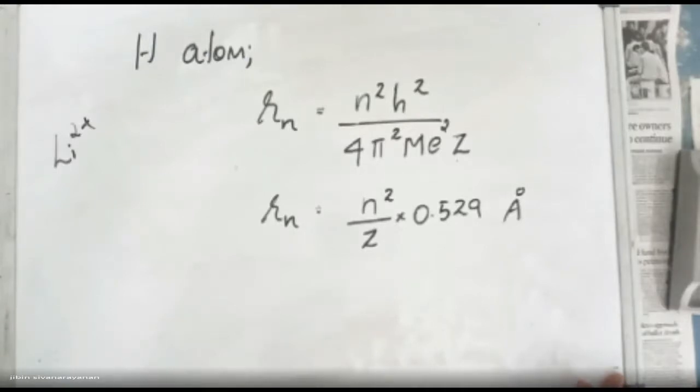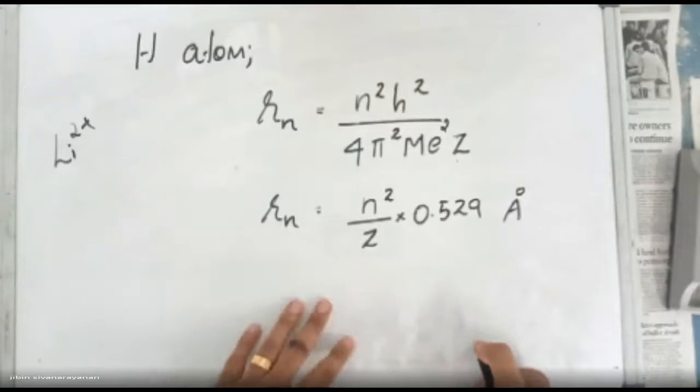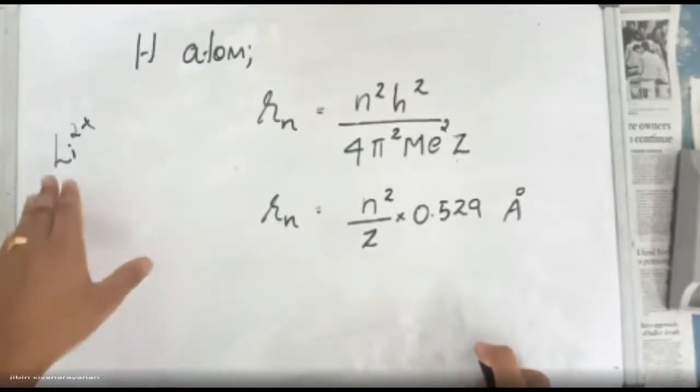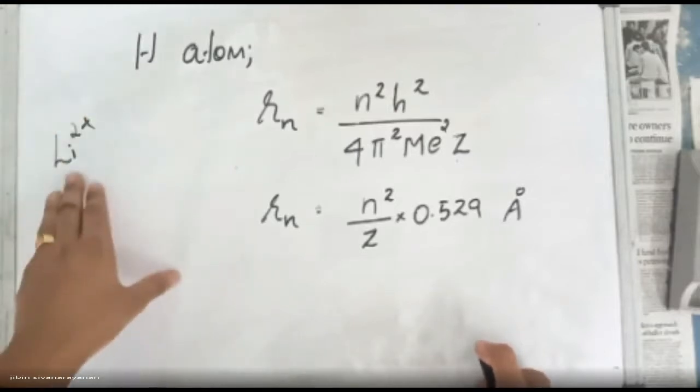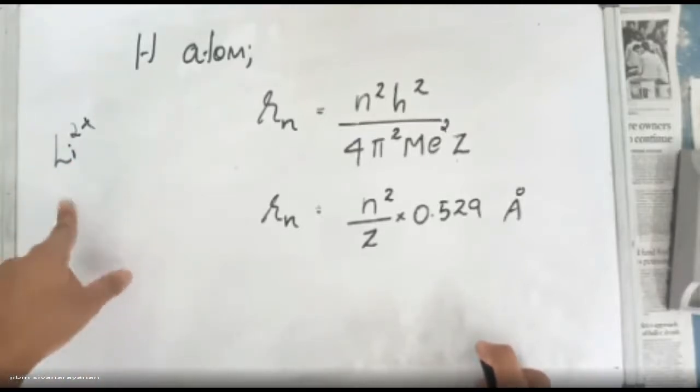Not exactly, it is only like hydrogen. There are so many approximation methods, and this is not the exact value. There are approximations because even if you make it 2 plus, just the electrons are removed and the protons are still in the nucleus, which is why it has a positive charge.